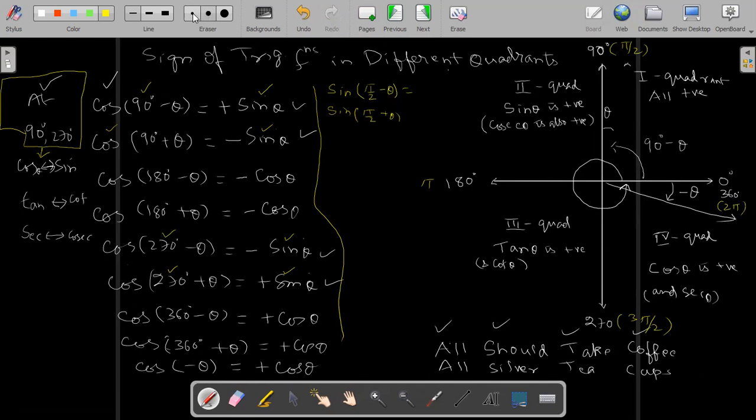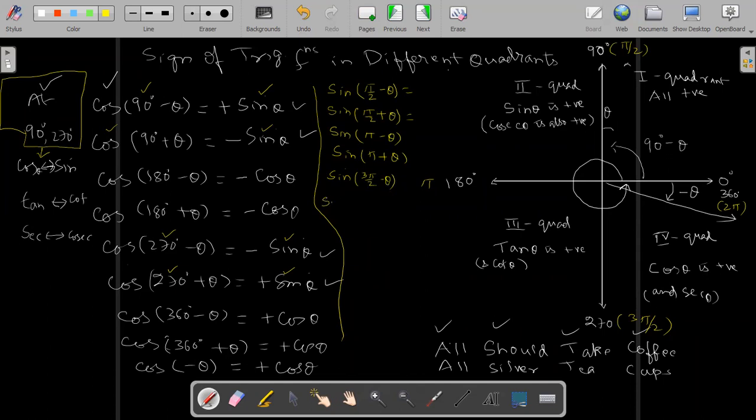So, this 90 plus theta, that is pi by 2 plus theta, then sine 180 minus theta, that is pi minus theta, then sine pi plus theta, 180 plus theta. Same thing I am writing in terms of pi. Then sine 270 minus theta, 270 means 3 pi by 2, so sine 3 pi by 2 minus theta.